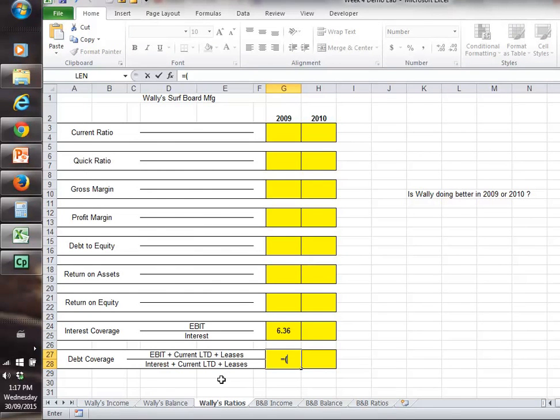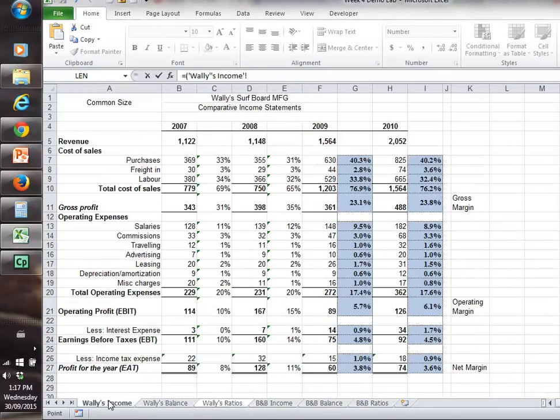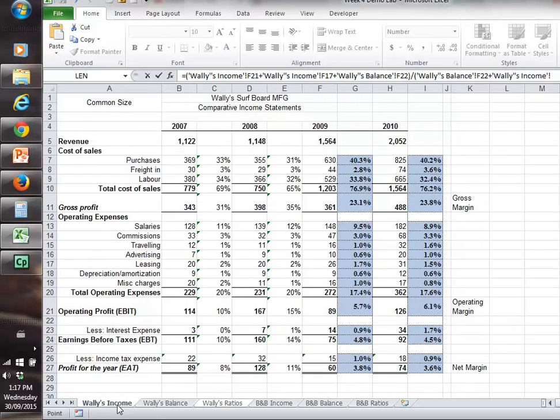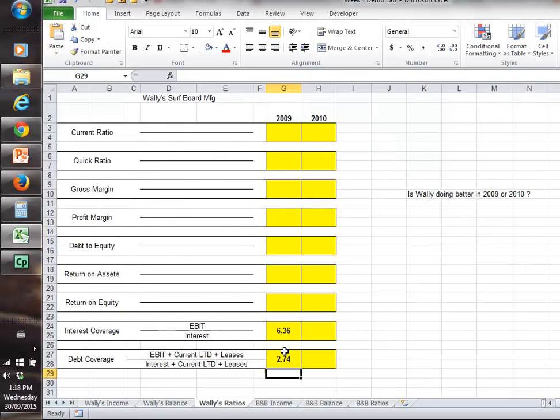Now for a bigger calculation, I'm going to do some brackets, and it's EBIT plus current LTD plus leases. So EBIT plus leases, which are on this income statement as well, plus the 2009 current portion of LTD, bracket, divide by bracket, LTD plus, going back to the income statement, interest plus leases, bracket, hit enter, and there we go, 2.74.